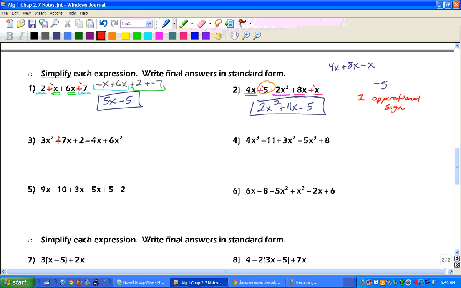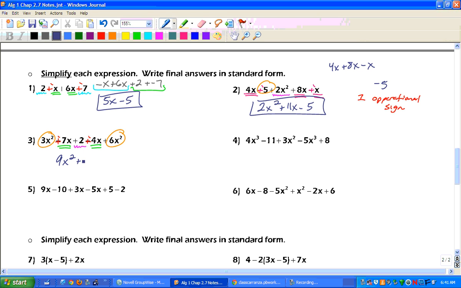All right, so clicks. Let's go through and find things that are the same. Three x squared plus 6x squared gives us 9x squared.